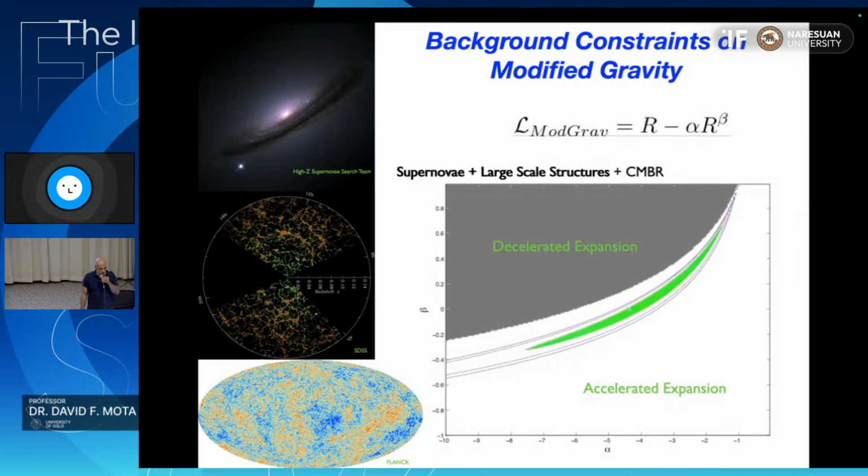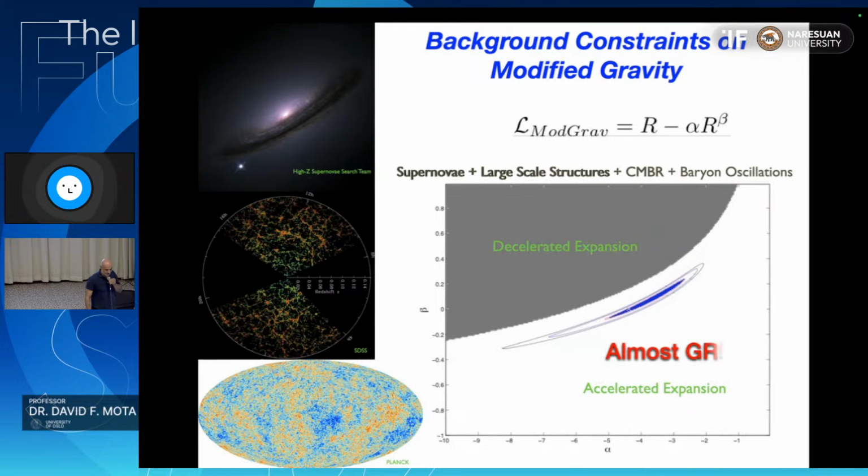If you now include the CMB shift parameter, which is related to the first peak of the CMB, that's how you get constrained. And if you also add the baryon acoustic oscillations, that's what you get as well, the blue area. So the viable regions of these parameters start to shrink. The background cosmology of the universe tells you it's almost general relativity. You can still have alpha and beta different from lambda CDM, but it's very constrained.